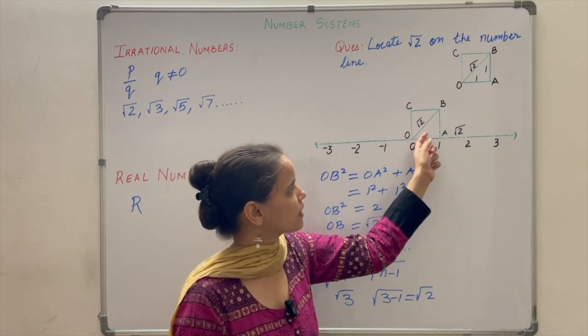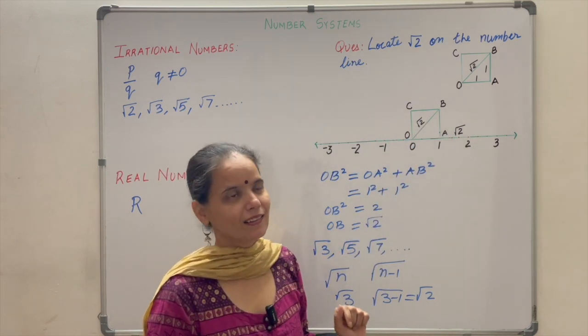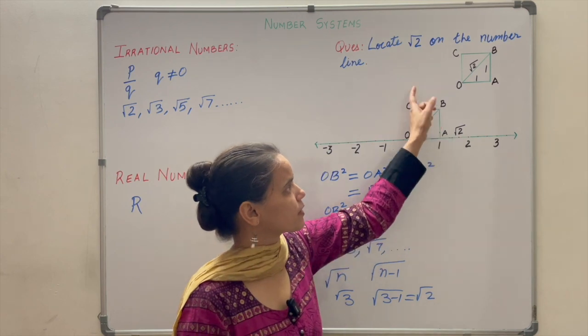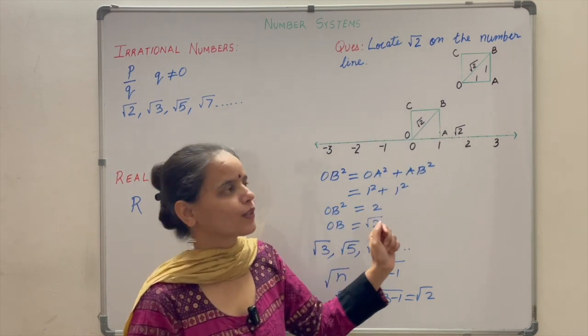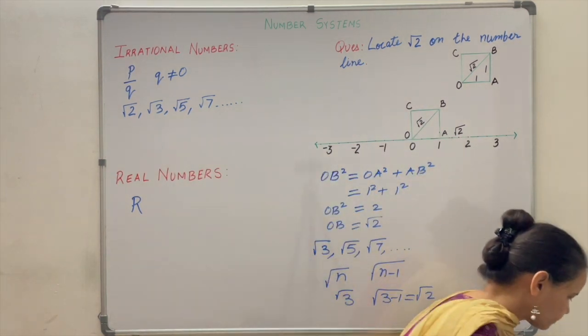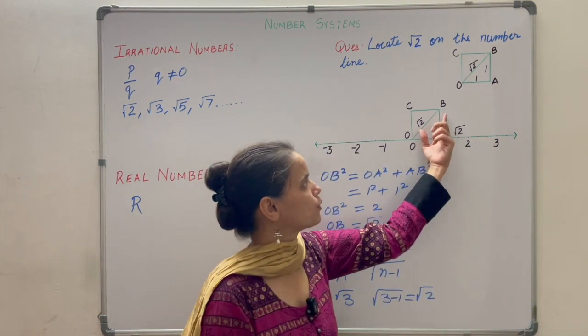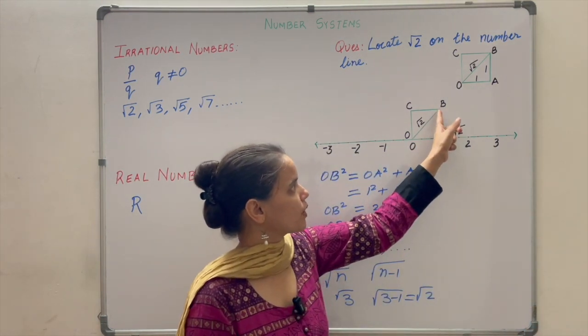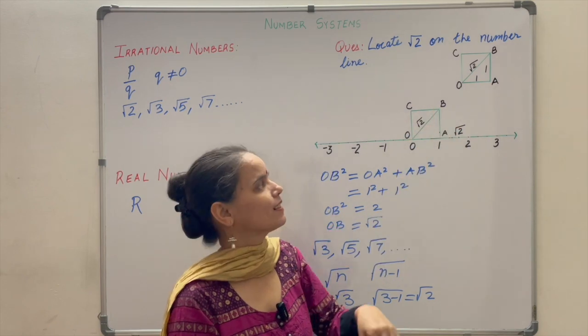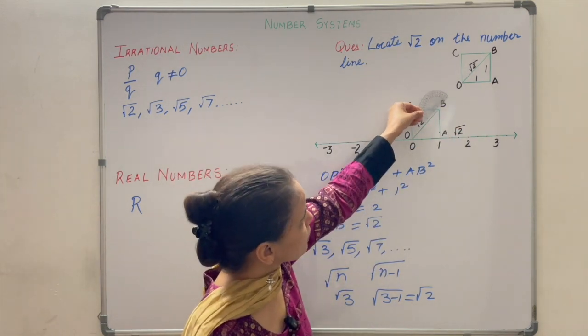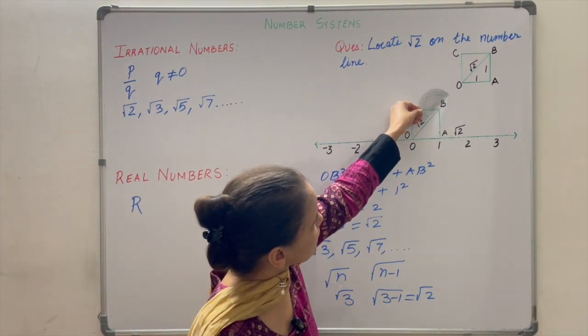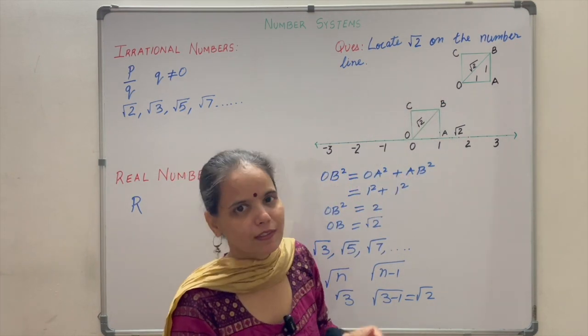What we have done here is make a right angle triangle. The same process we will repeat and locate root 3. This length is root 2. Here at point B, we will construct 90 degrees using a protractor. You can put your protractor like this and make an angle of 90 degrees.